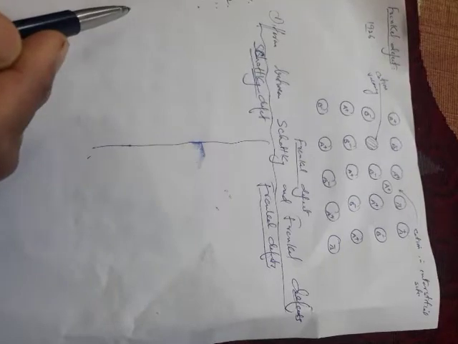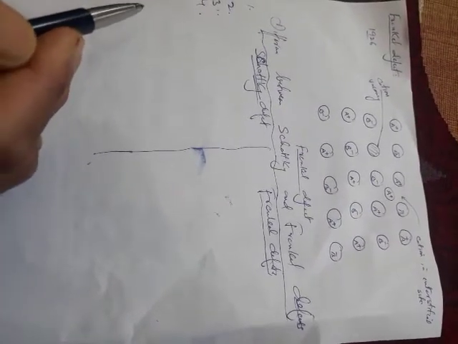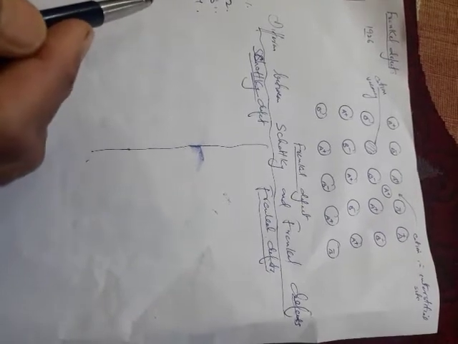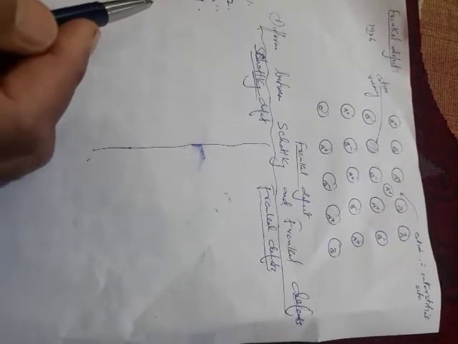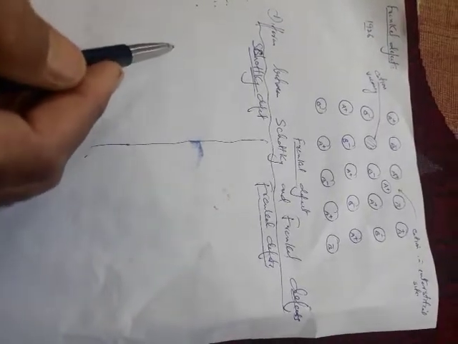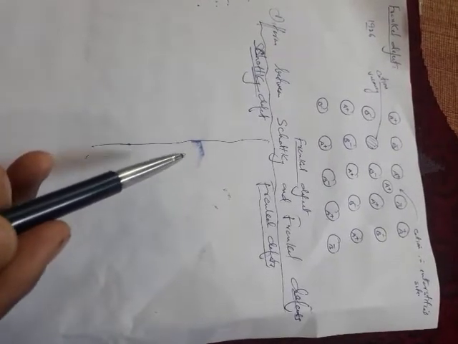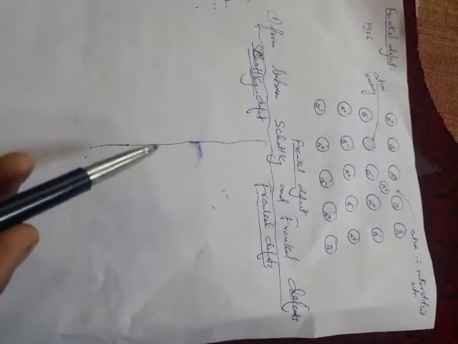Now, the presence of too many holes may cause a partial collapse of the crystal. That means that if there are a maximum number of these holes, it may lead to the collapsing of the crystal. In case of this Frenkel defect, we also see the stability of the crystal gets decreased.